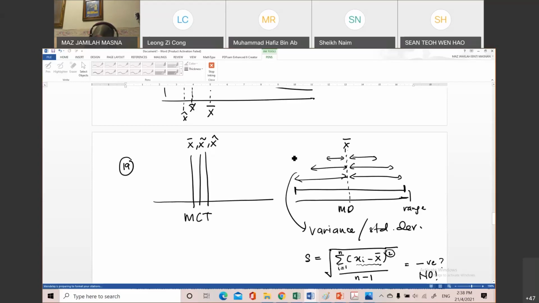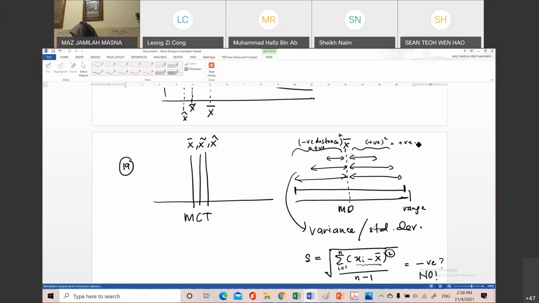If we are talking about distance here, it may be a negative distance, but when we square it, it becomes positive. Here it is already positive, and squared it is also positive. That's why it is impossible to get a negative value of standard deviation.